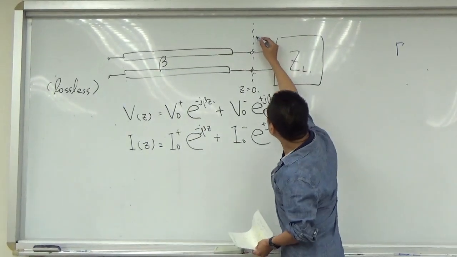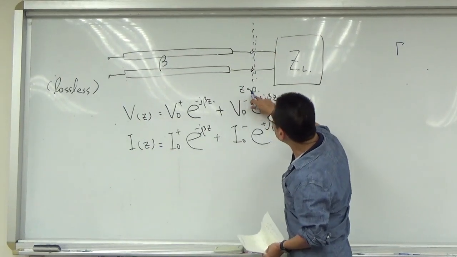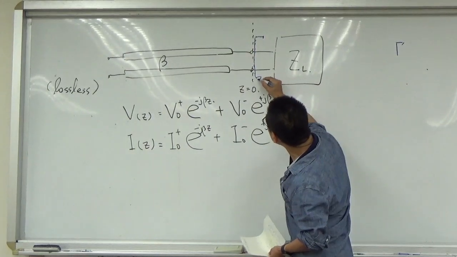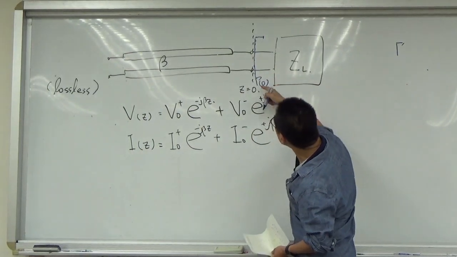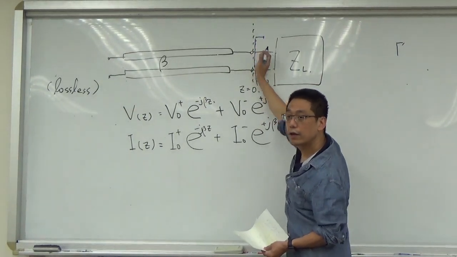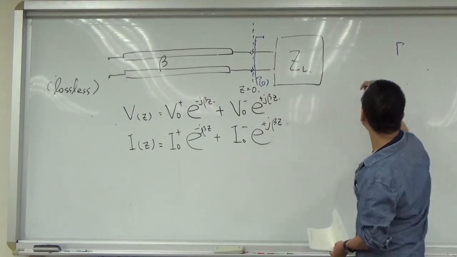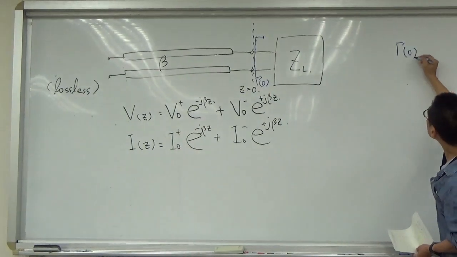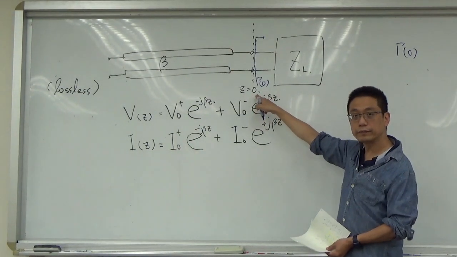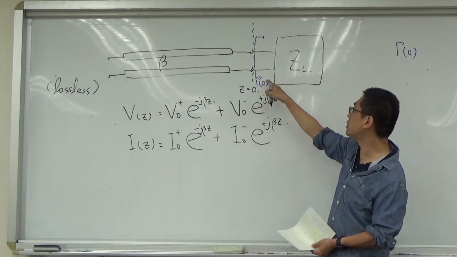So at z equals 0, I will have the reflection coefficient at this point. We have the definition of this guy.